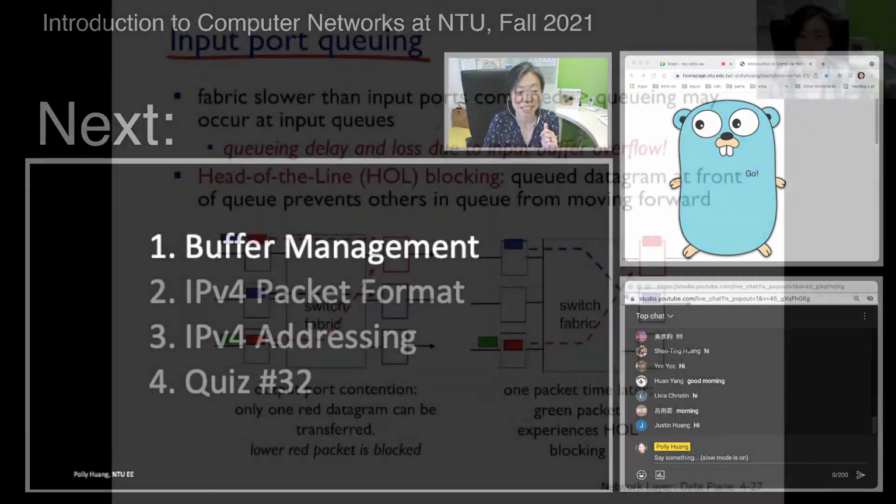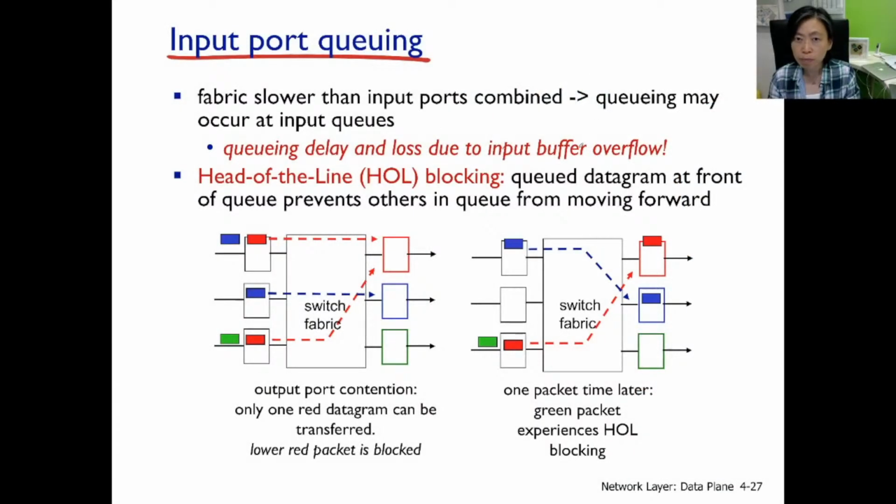There's one very important mechanism that needs to be implemented in a router. That's called buffer management. We'll need it in the input port as well as the output port. The reason that we need it in the input port is this: when the switching fabric is slower than the input port rates combined, packets coming in really fast might need to be queued temporarily at the buffer.